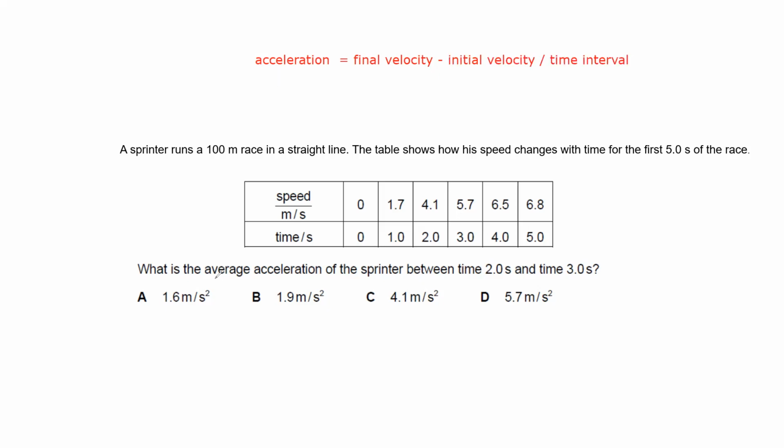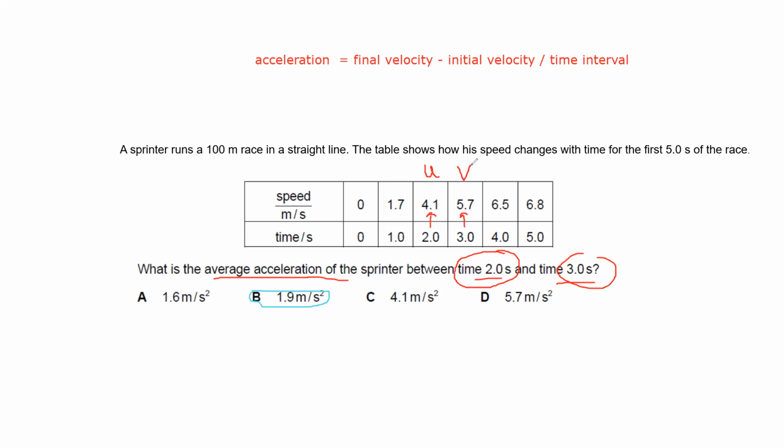So we want the acceleration from 2 seconds to 3 seconds. What is the acceleration of this sprinter between 2 seconds and 3 seconds? At 2 seconds, what is the speed of this runner? 4.1. So 4.1 is the initial speed, or I can say u. At 3 seconds, what is the speed? 5.7.